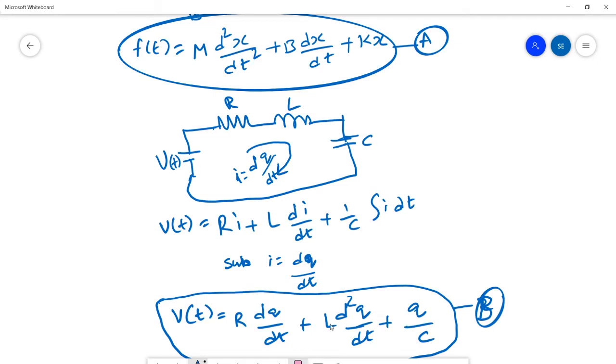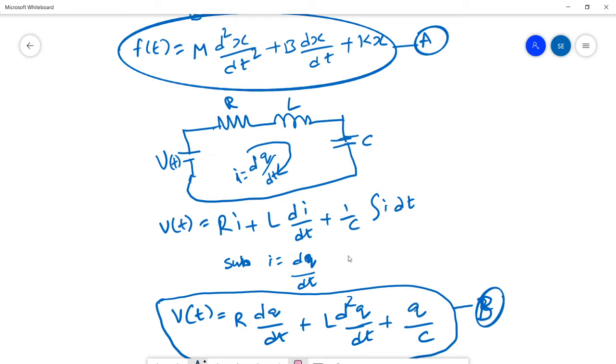We have a coefficient m, and it is shown in terms of L here, x in terms of q here, b in terms of r, and k in terms of q by c, isn't it? So if you compare A and B, what is the analogous you get?